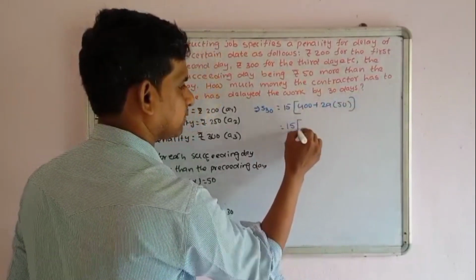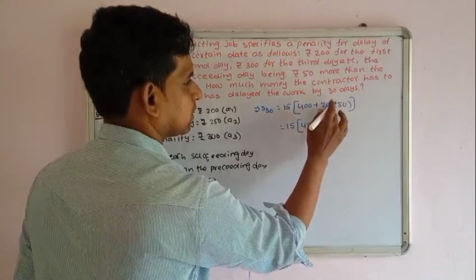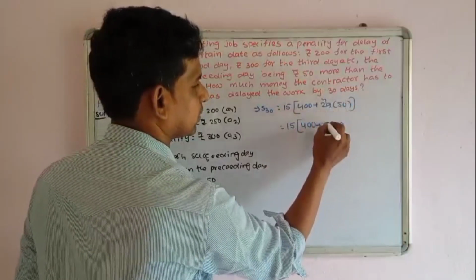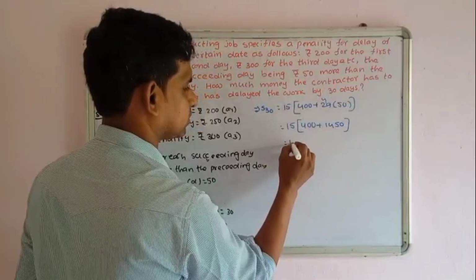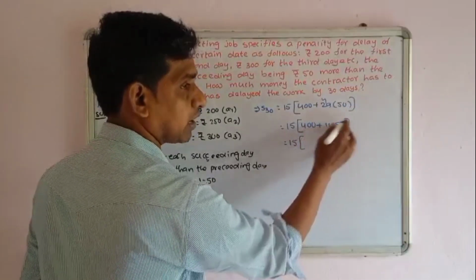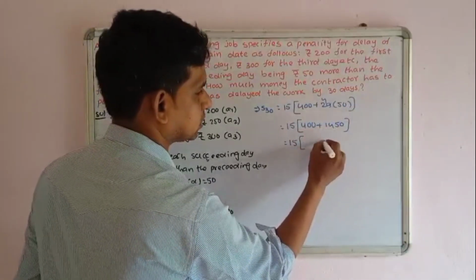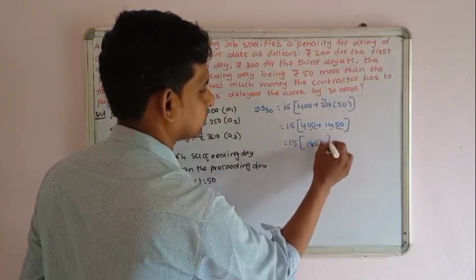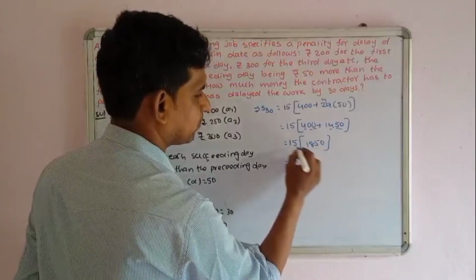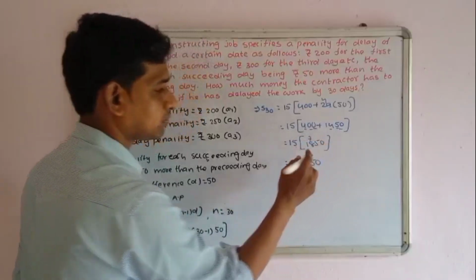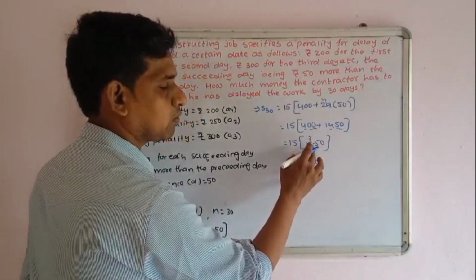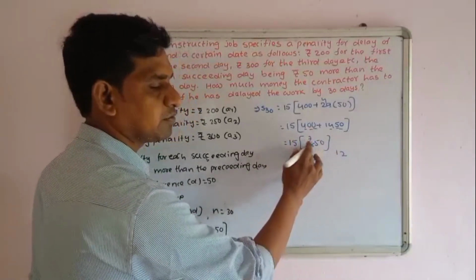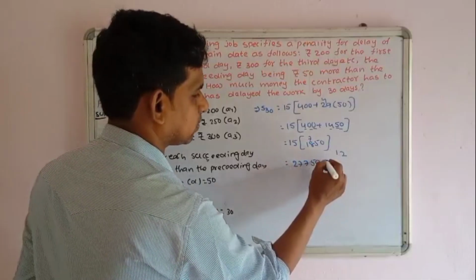That equals 15 times 400 plus 1450, which is 1850. Now 15 times 1850: 15 times 0 is 0, 15 times 5 is 75, 15 times 8 is 120, plus 7 is 127, and 15 times 1 is 15, plus 12 is 27. So 27,750 rupees.